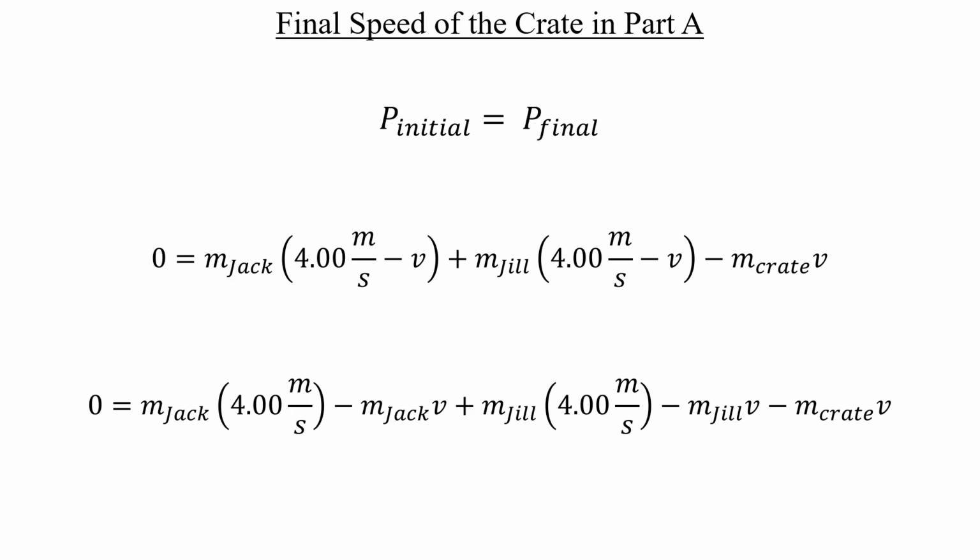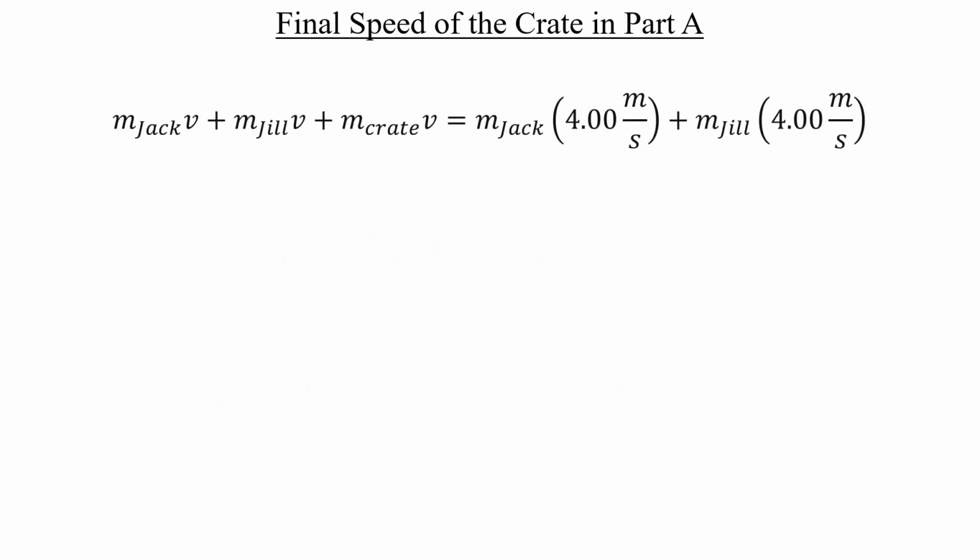Part A wants us to solve for v, so let's take all the momentum terms that contain that variable and bring them over to the other side. I'll factor out v on the left and factor 4 meters per second on the right. We can also save ourselves on some writing if we label the sum of the masses of Jack and Jill and the crate as something like m total, like this.